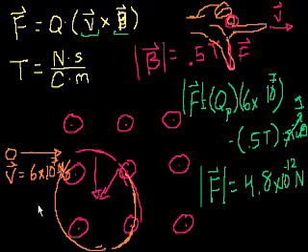And in the next video, we'll actually figure out the radius of that circle. And just one thing I want you to think about. It's kind of weird or spooky to me that the force on a moving particle doesn't depend on the particle's mass. It just matters the particle's velocity and charge.